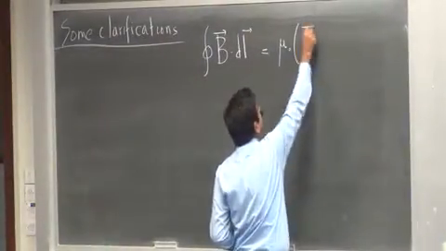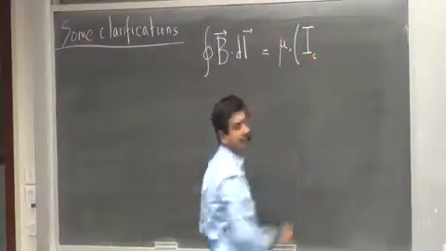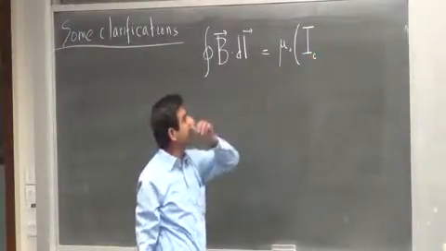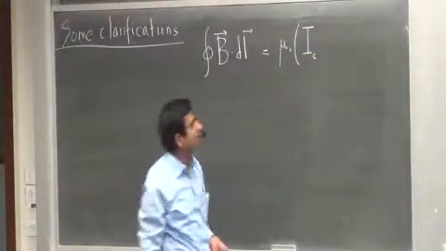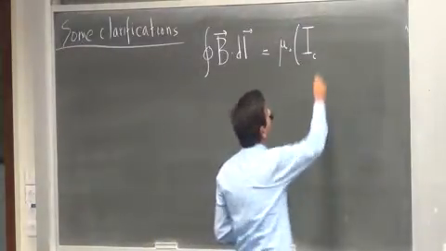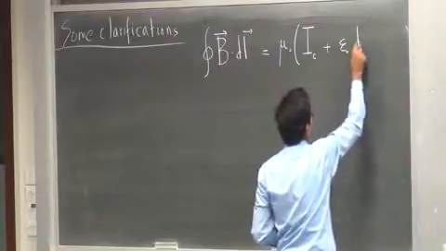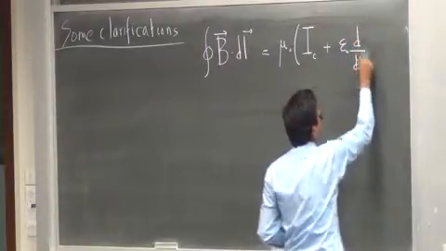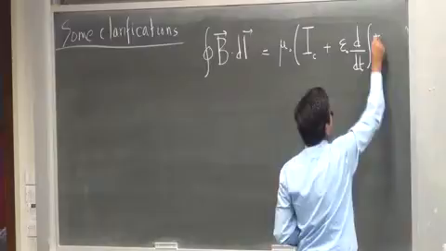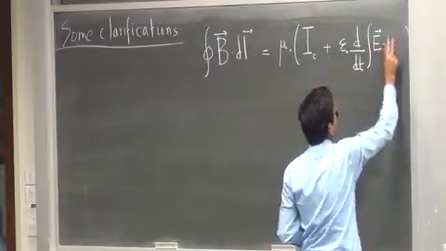Let's call this current I_C. This is the current piercing a certain area, I'll talk about that area, plus epsilon naught times the time derivative of the integral of E dotted with dA.